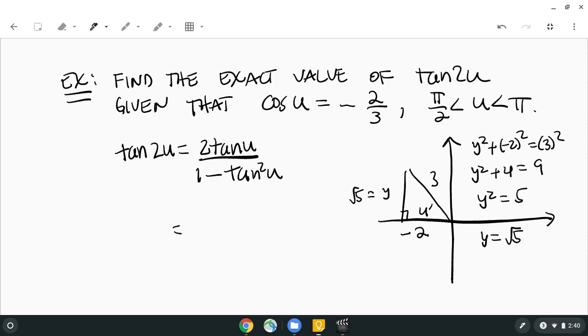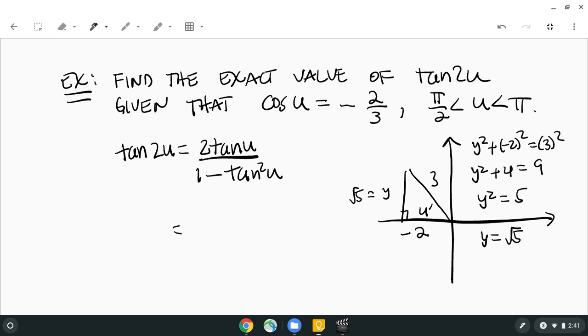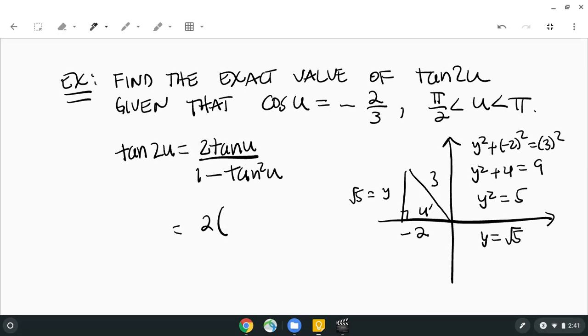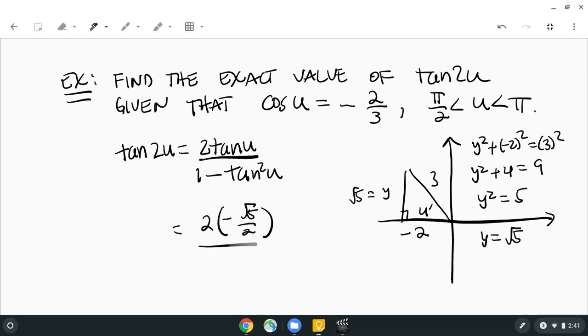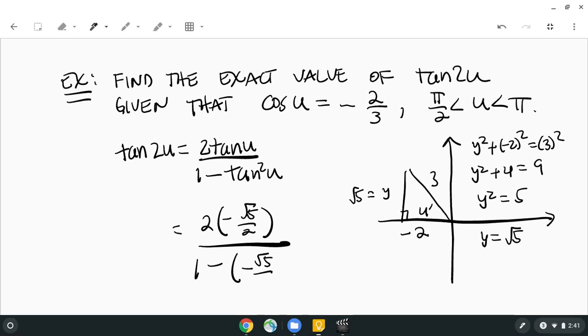Okay, so let's go ahead and finish this formula. So tangent of 2u is going to be equal to 2 tangent u over 1 minus tangent squared u. Okay, so let's fill this in. Tangent u is opposite over adjacent, so square root 5 over negative 2. So we get 1 minus, and then we're going to do negative square root 5 over 2, quantity squared.